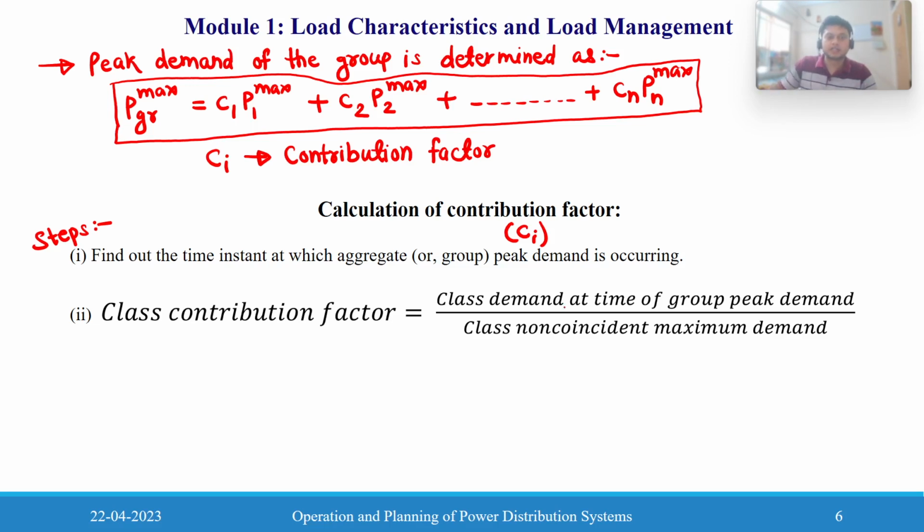Class contribution factor is the ratio of class demand at the time of group peak demand to the class non-coincidence maximum demand.